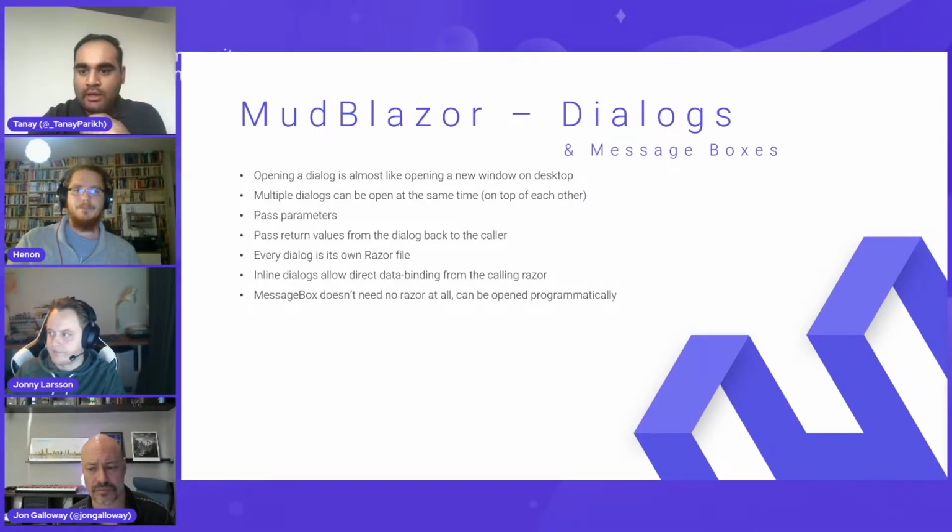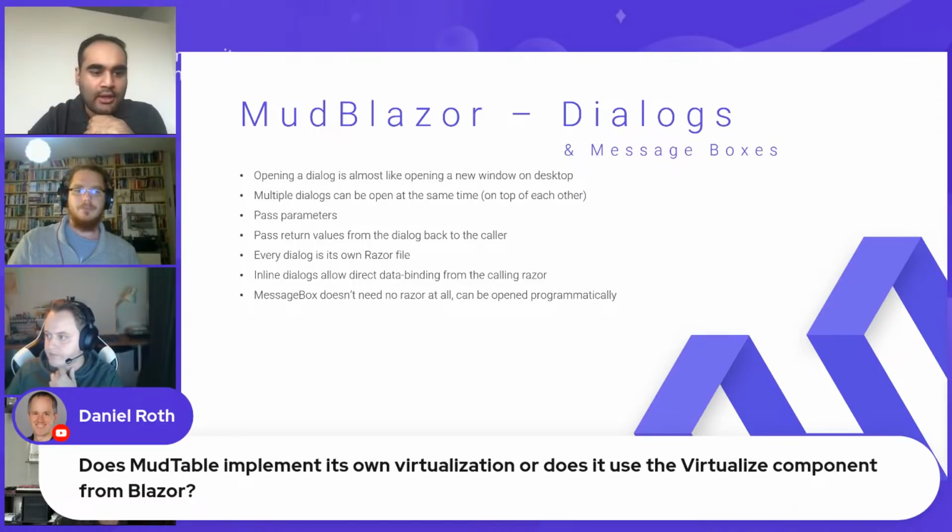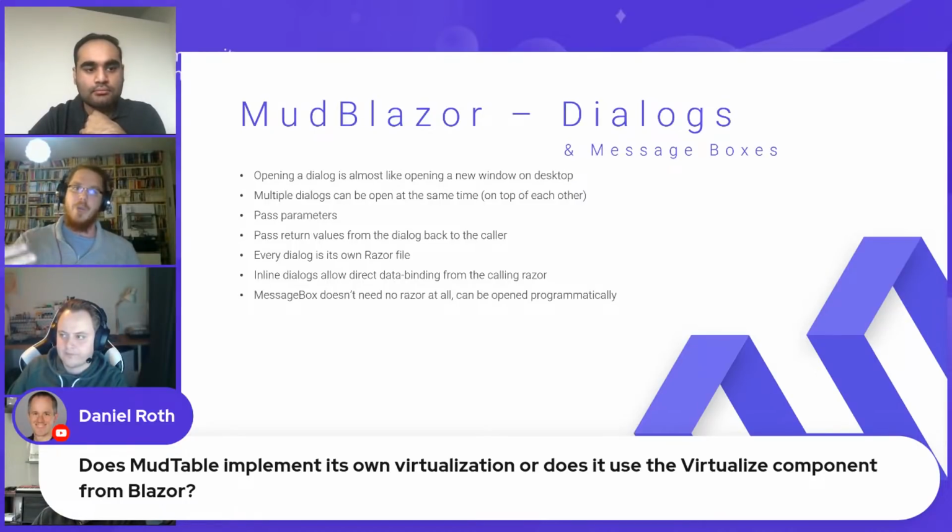Awesome. We have a question in the chat from Dan Robb. He's asking, does the MudTable implement its own virtualization, or is it using the virtualized component that's provided by Blazor? We are using the virtualized component, but we have noticed that it would be great if Virtualize would have a switch to enable or disable it, because it created a nasty if branch in our code if you wanted to virtualize it or if you didn't want to, which for some content you need to disable virtualization.